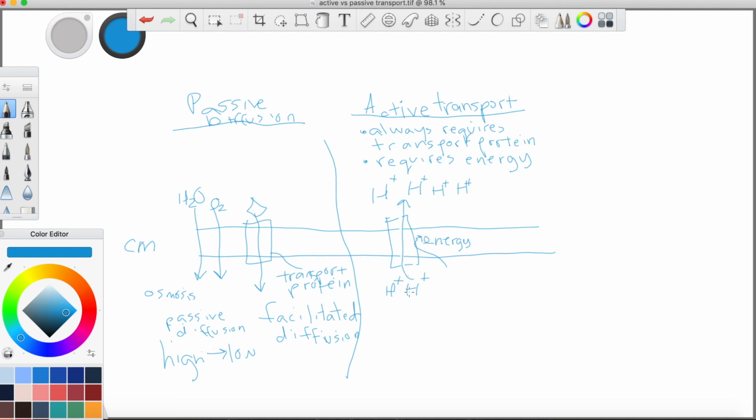For now, just note we're talking about moving something from an area of low concentration to an area of high concentration. And I will mention there are a couple of conditions that you might see a cell undergo this type of active transport.